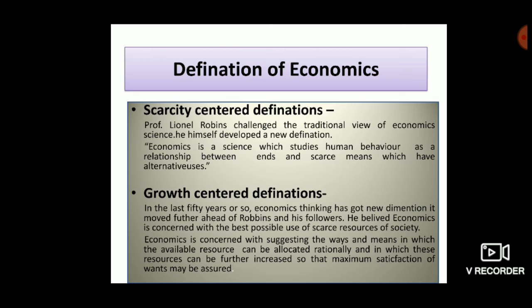He has to see how best he can use his limited resources, because scarce resources have alternative uses according to Professor Robbins. The problem of unlimited wants and scarce resources becomes more serious because scarce resources have alternative uses.